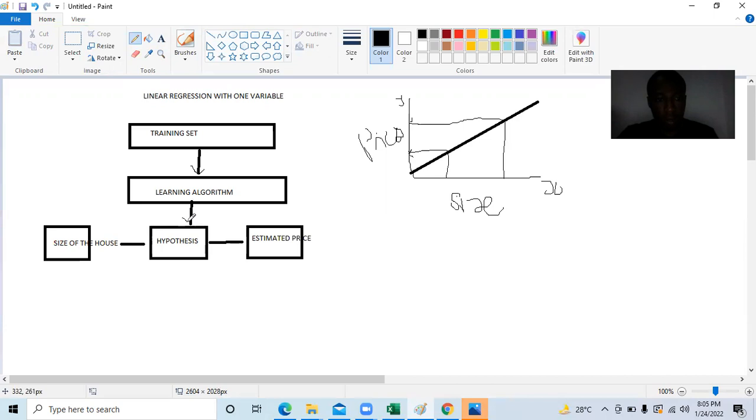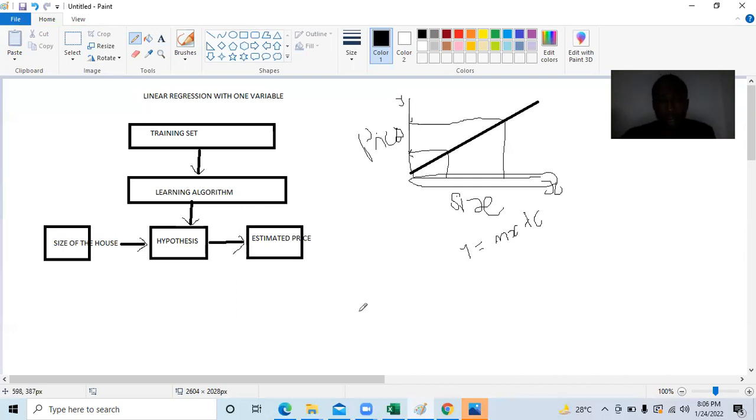So you take your training set, you put it on the learning algorithm, which is linear regression in this case. Then you use the size of the house, which is what we are using to predict, which is our input variable. We put it through this hypothesis, the hypothesis that y equals mx plus c, which is the hypothesis for linear regression, and then we use it to estimate the price of the house.